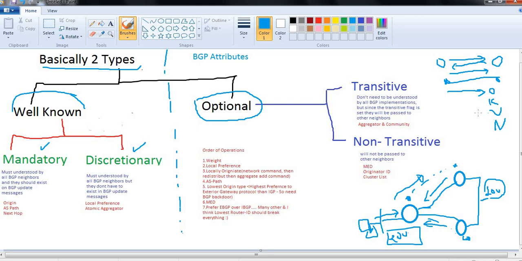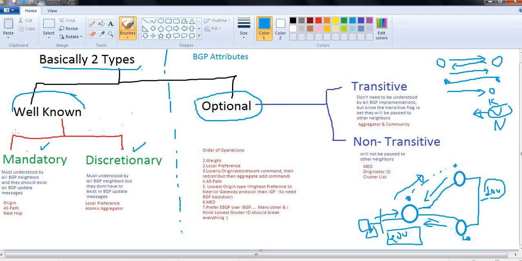The third type of message, the BGP update message, is basically used to carry these attributes. This BGP update message, which is exchanged between two routers, carries all our attributes. So the BGP update messages sent between these two routers should understand this mandatory attribute, and they should always carry it in those packets.